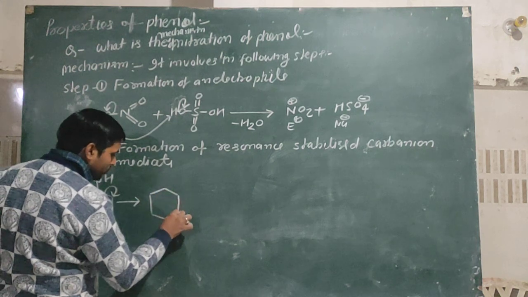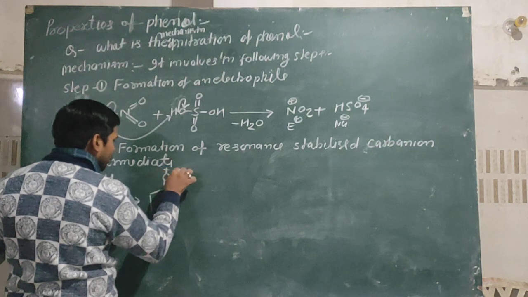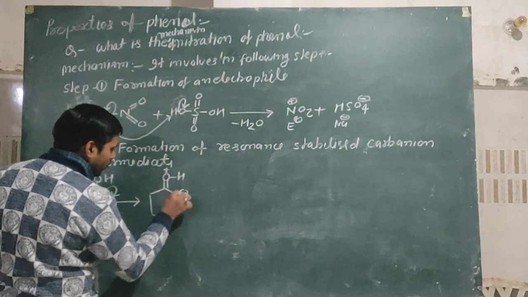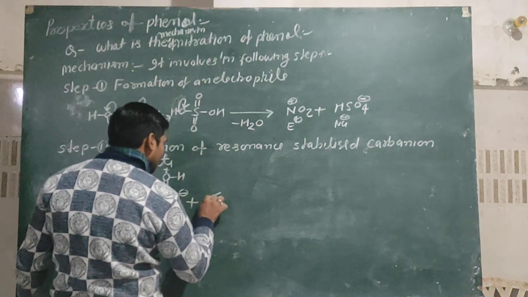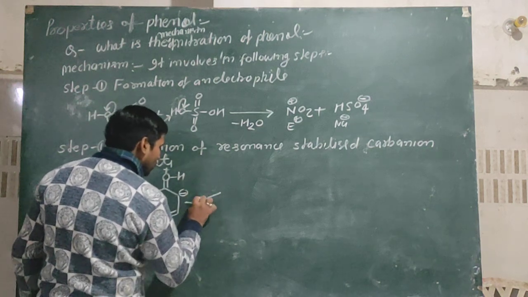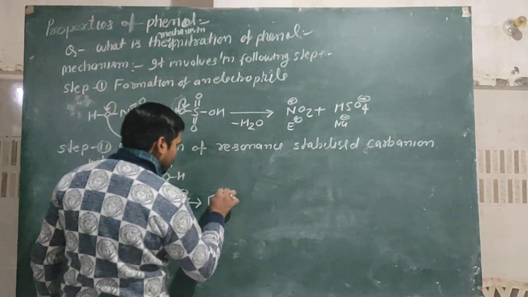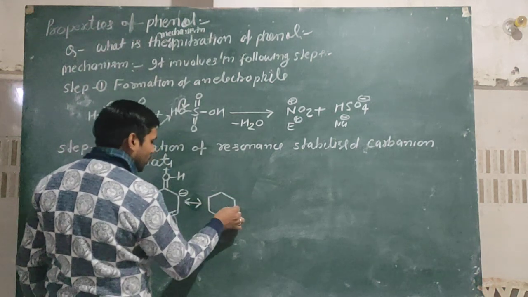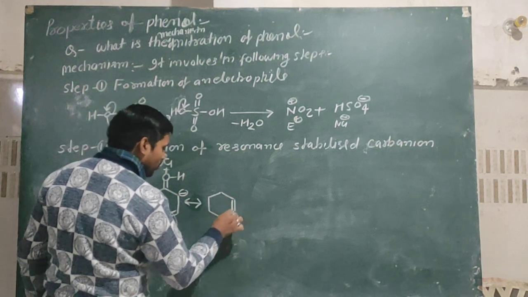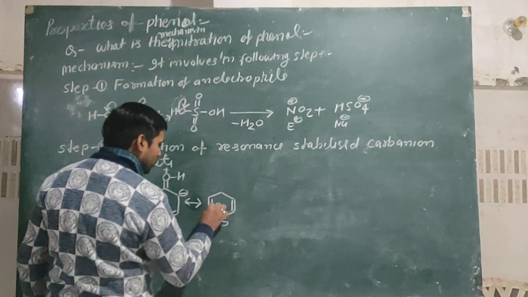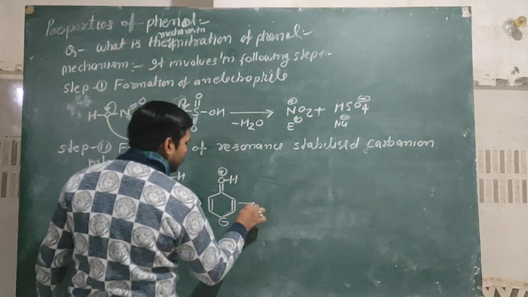Due to this reason, formation of O plus H, negative charge. This bond breaks toward the next carbon atom or fourth carbon atom to form a pi bond and negative charge, OH and H plus.